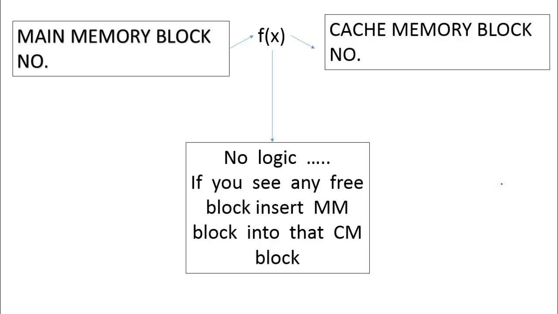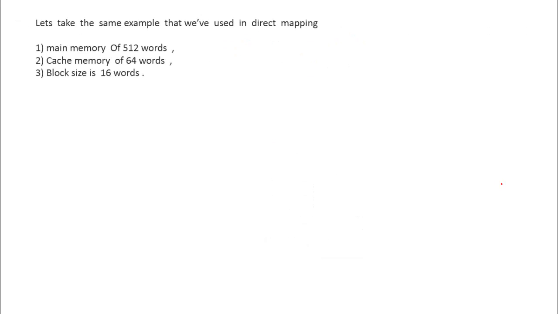Now let's see an example so that the scenario will be clear in your mind. This is the same example that we used in case of direct mapping. So we again have a main memory of 512 words, cache memory of 64 words, and block size of 16 words.